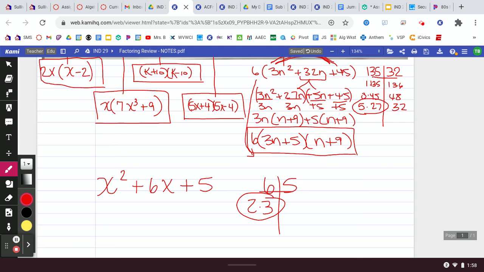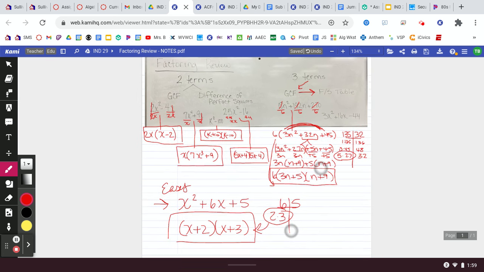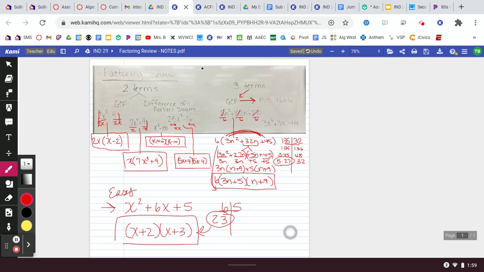Remember when there is a 1 out front, okay, this is an easy one. Why is it easy? Go right from your winning factors to your x plus 2, x plus 3. You can go right to your answer. You don't have to do all that factor by grouping stuff in the middle. Okay? And that's it.